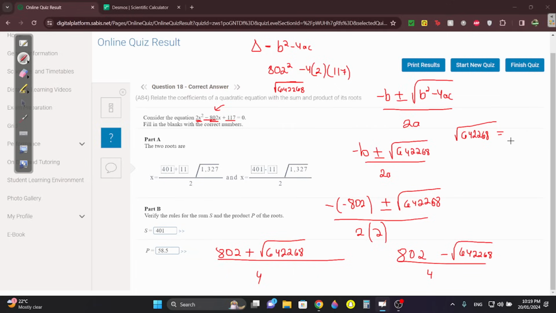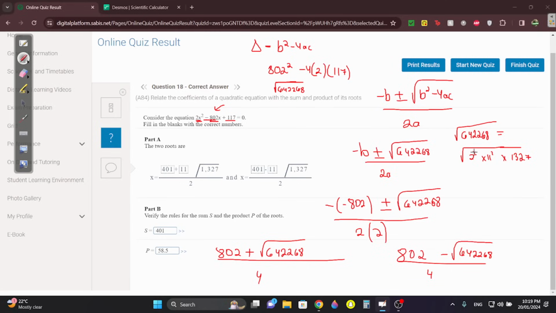On my calculator it shows radical 2 squared times 11 squared times 1327. This is the same number. If you multiply these out, you get 642268.